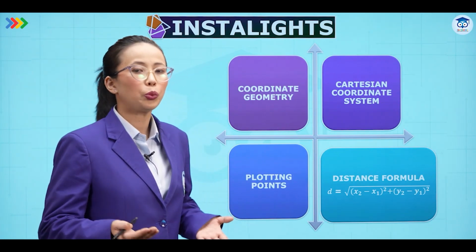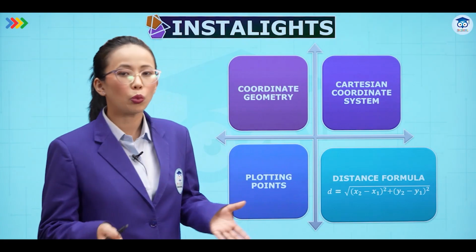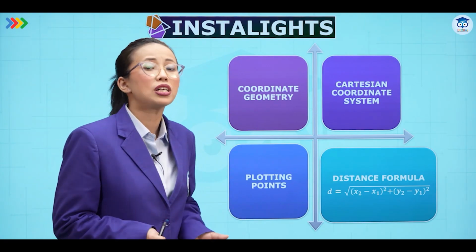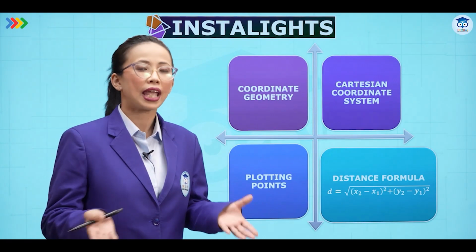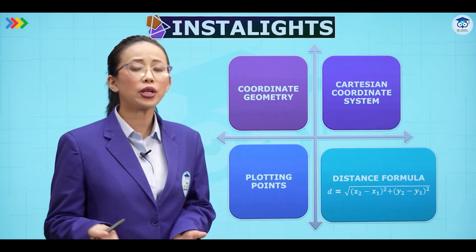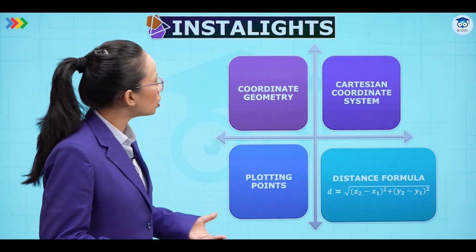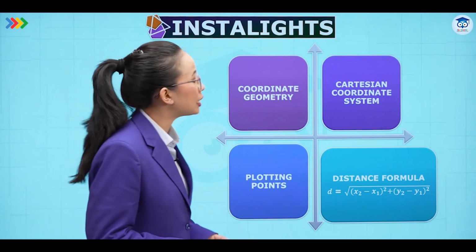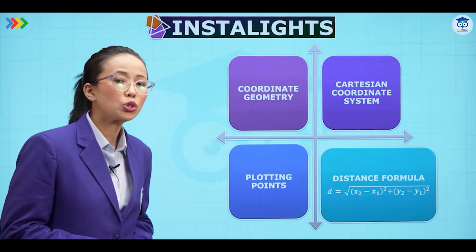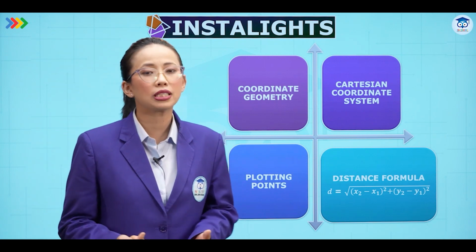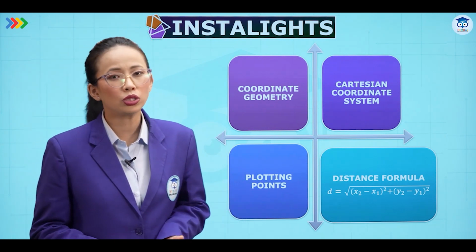How to plot points with the x-coordinate and the y-coordinate. The x-coordinate, the first value, is known as the abscissa and the y-coordinate is known as the ordinate. We have also learned the distance formula, which is nothing but under root x2 minus x1 the whole square plus y2 minus y1 the whole square.